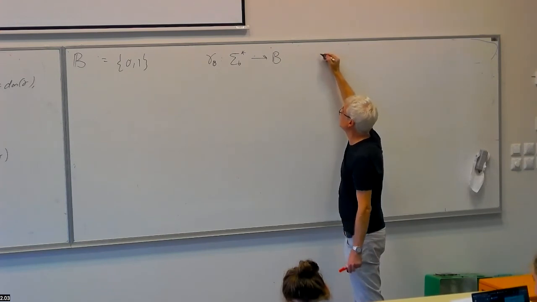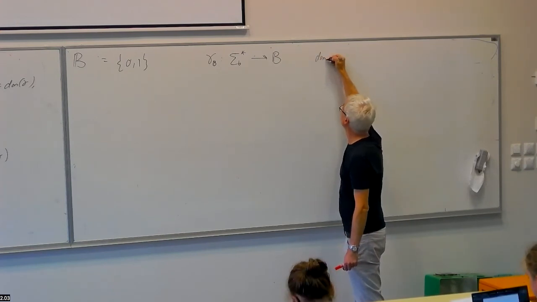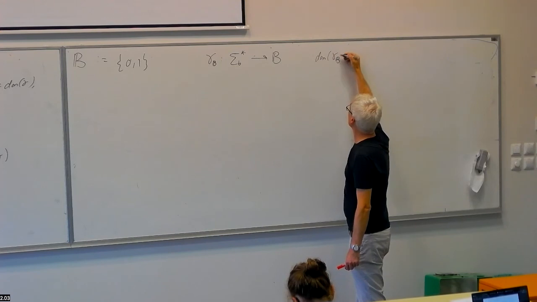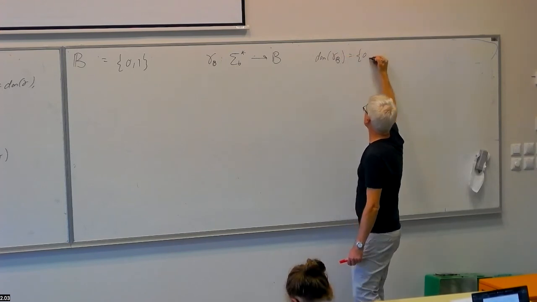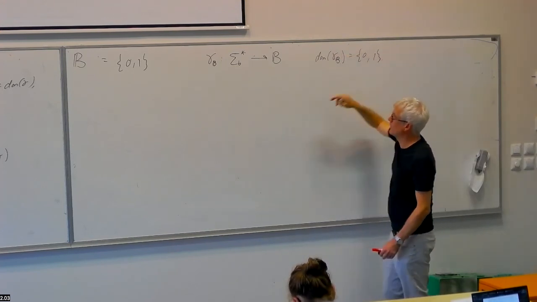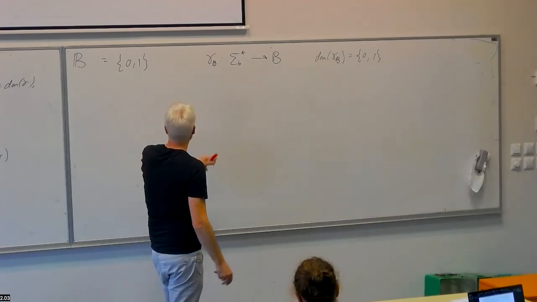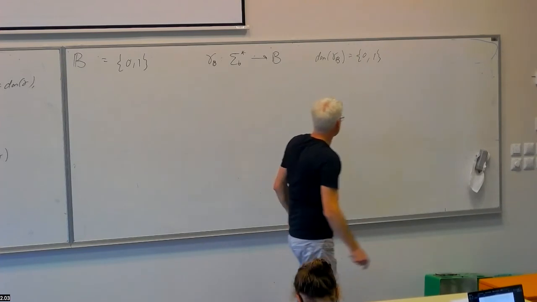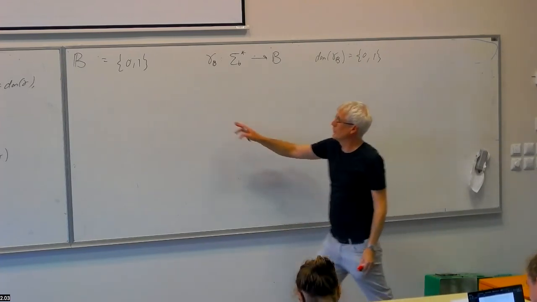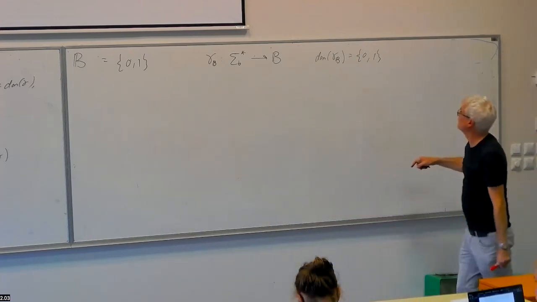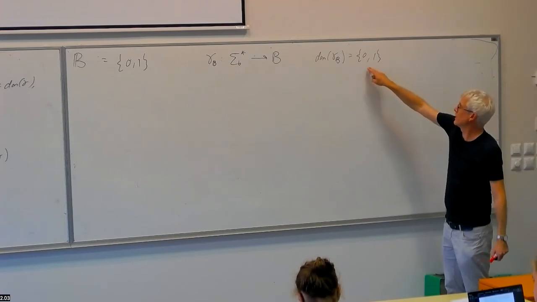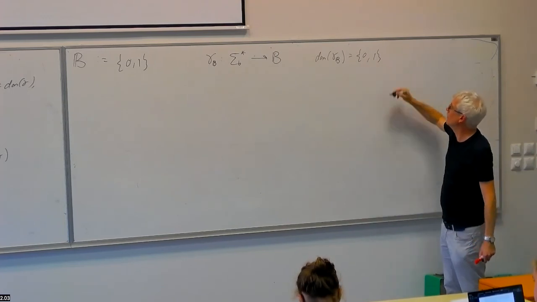So the domain of the Boolean representation is just a set of strings over the Boolean alphabet, consisting of those strings that have length 1, so either 0 or 1.